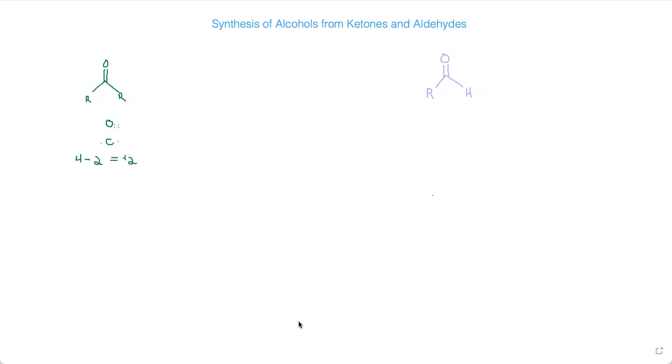And then moving on to aldehydes, we can see over here that we have a similar situation. We'll start with that oxygen again. We have those 4 electrons that are being pulled away from that carbon by the oxygen.